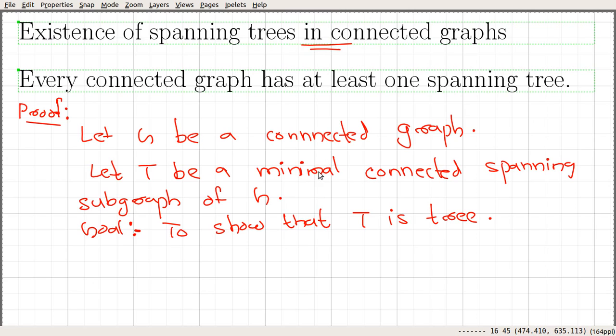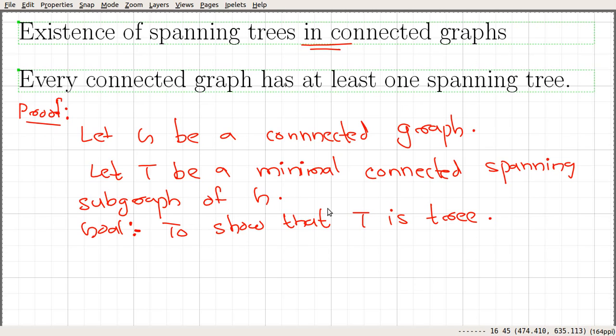Minimal means if you delete one edge, it will become disconnected. Every graph contains such a subgraph. Our goal is to show that T is a tree. If we are able to show that T is connected and T is acyclic, then we are done. That's what we are going to do here.